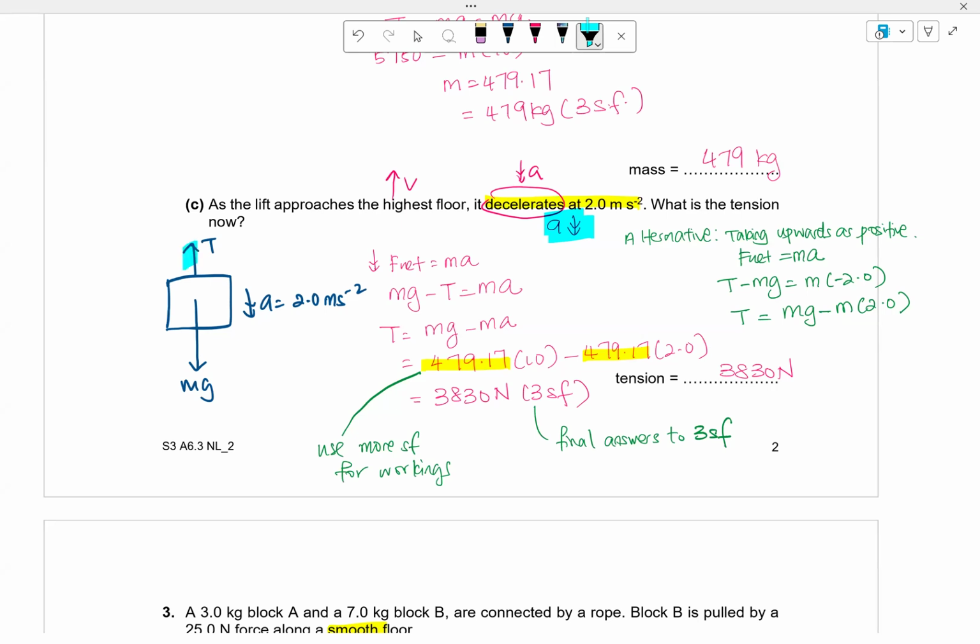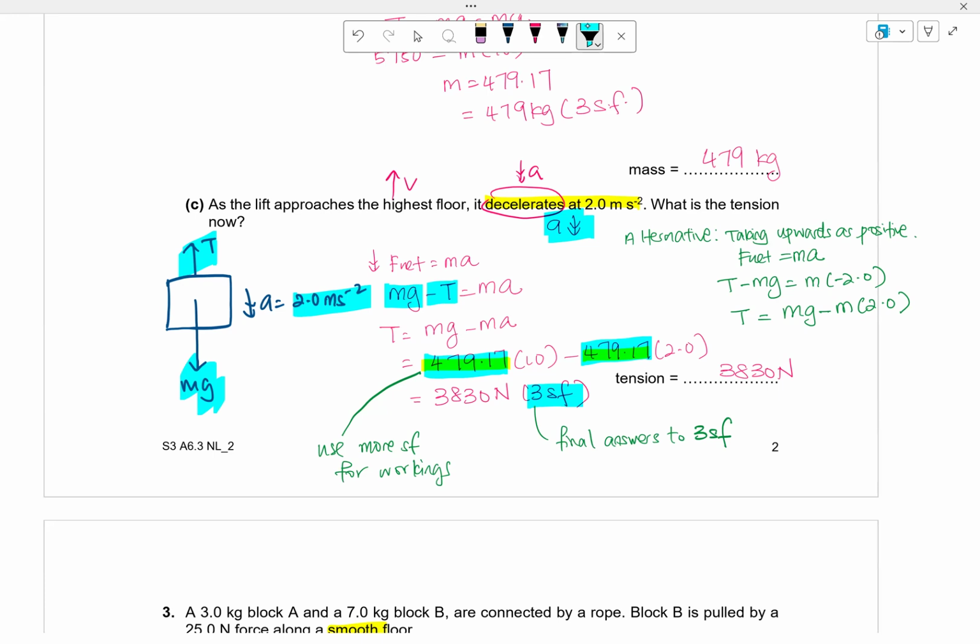So now if I compare the forces, tension and weight, the weight vector must be a bigger force, right? So I take weight minus tension equals m times 2. So like I said just now, I will substitute 5SF for my intermediate working, but my final answer should be displayed to 3SF.